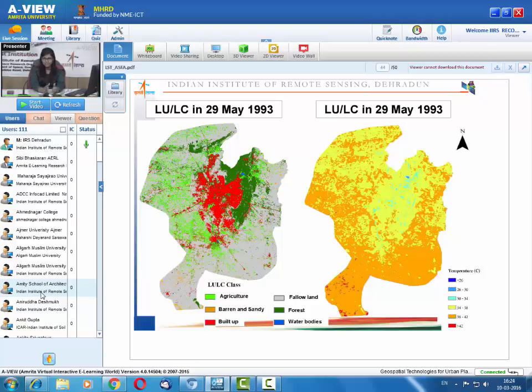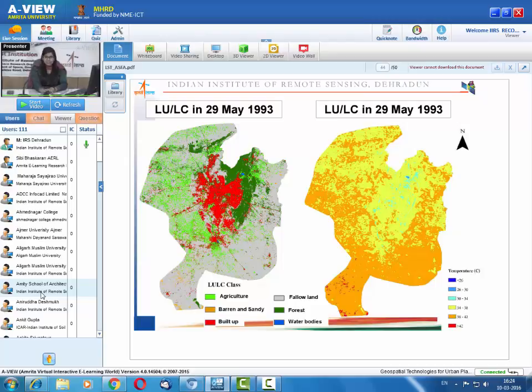Okay, so startlingly, we can see something that the urban areas have lesser temperature than the outside areas. So, oops, we are not seeing any urban heat island effect. So, this is drastically changed pattern.